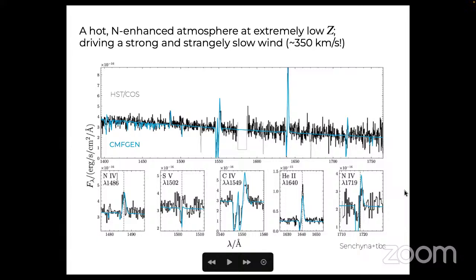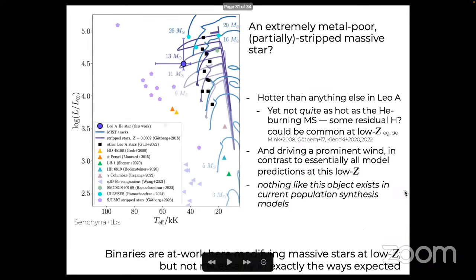Quite nitrogen enriched. There's prominent nitrogen lines here. We've carved down into material that has seen CNO burning, but also driving a wind, which should not be happening, and certainly shouldn't be happening at this extremely low velocity. And the picture we put together here is that a lot of this makes sense in the context of being a partially stripped star at very low metallicity.